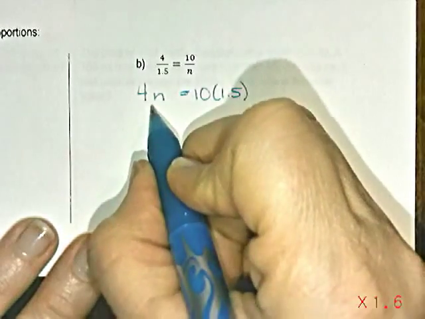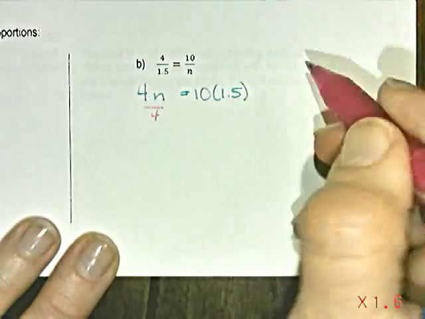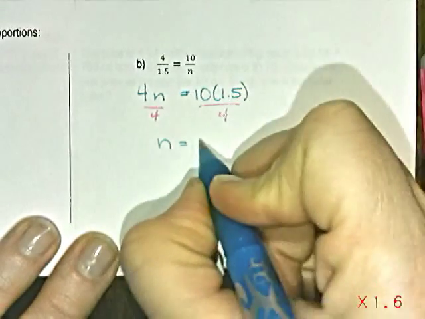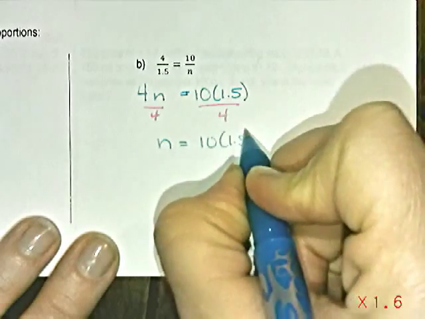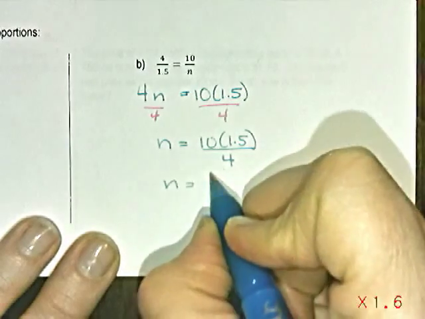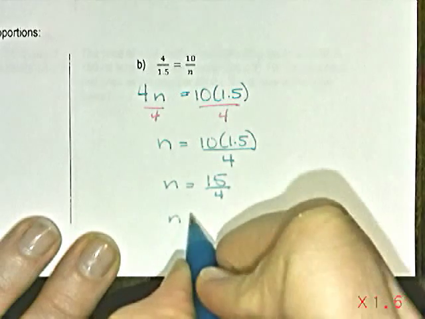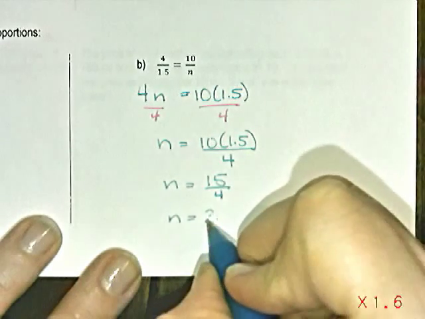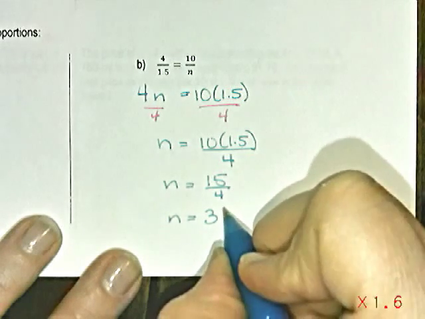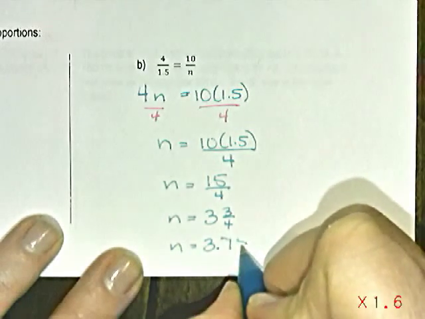And of course we want to get rid of that 4, and so we would divide both sides by that 4 to isolate my n, and I would have 10 times 1.5 over 4, and so my n would be 15 over 4, and that would work out to 3 and a bit. 3 times 4 would be 12, 3 3/4, or n would be 3.75.